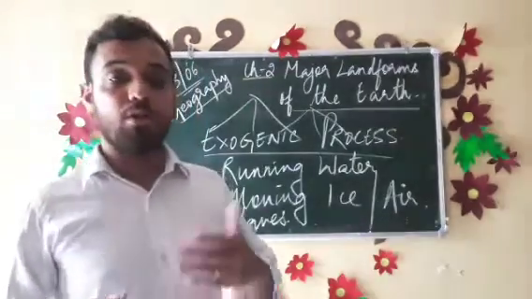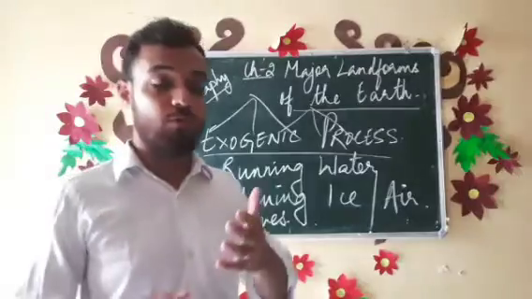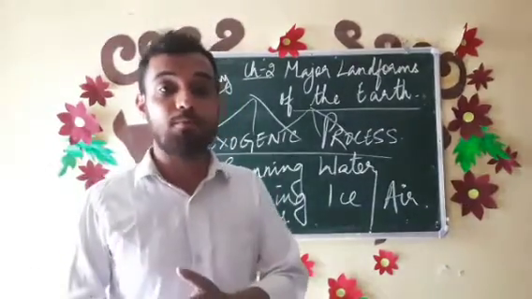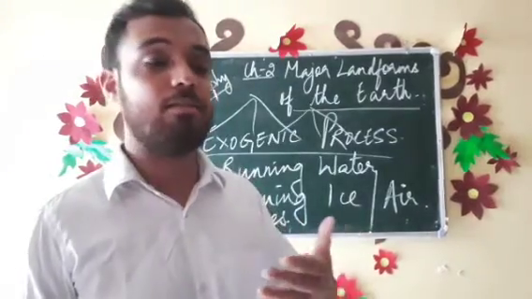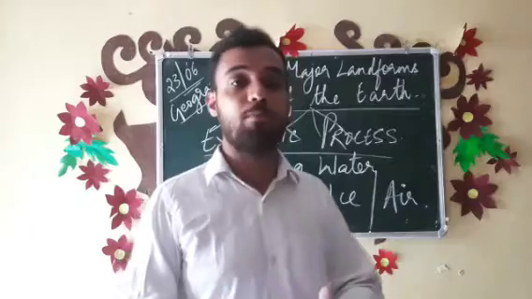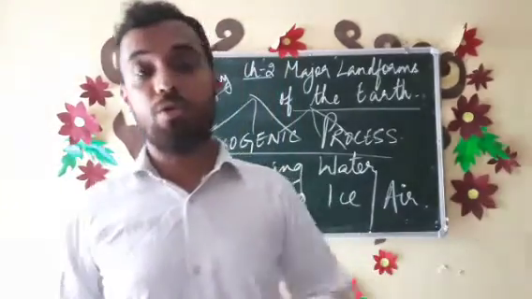Erosion here means soil erosion. You must have studied soil erosion. What is soil erosion? Soil erosion is when the mud is being carried by the river or air and it is getting collected at some other place. It is traveling from one place to another. That is called soil erosion.